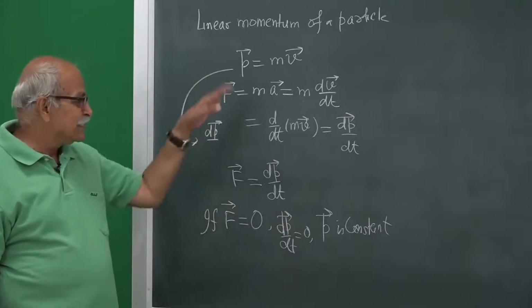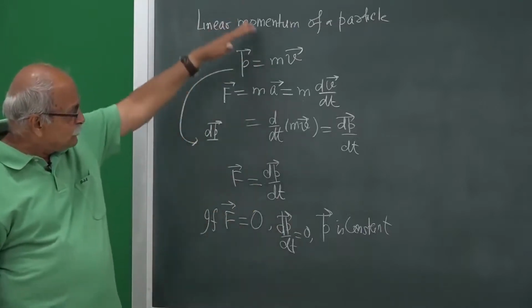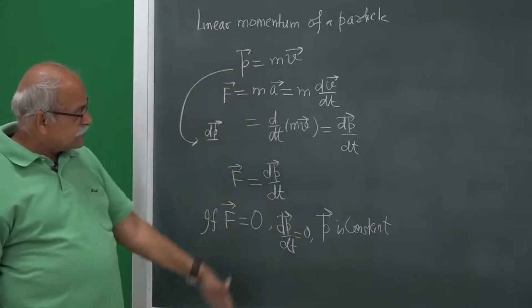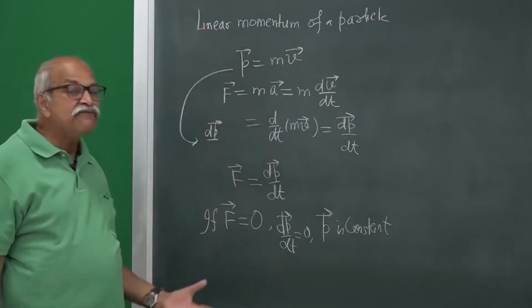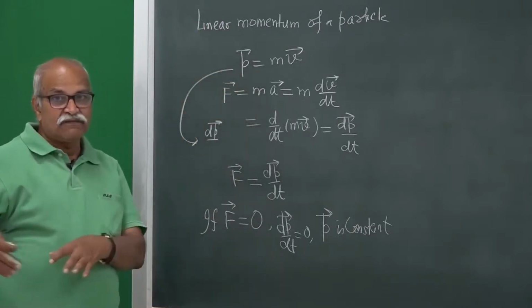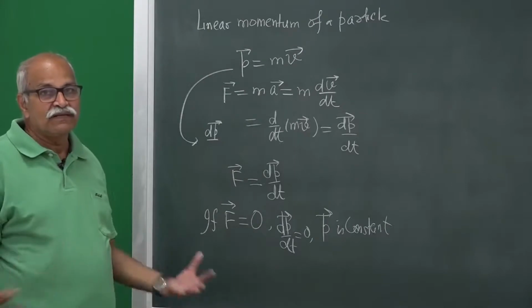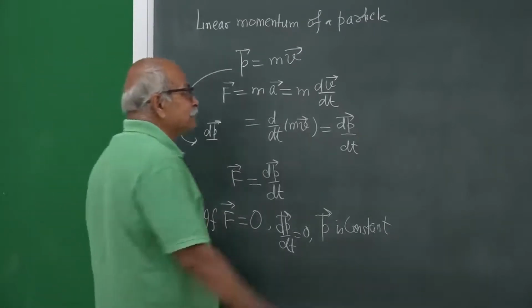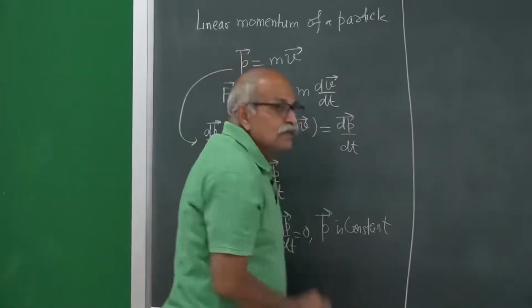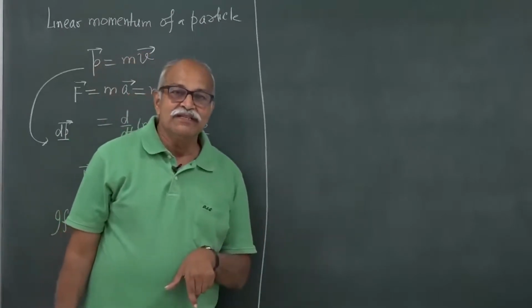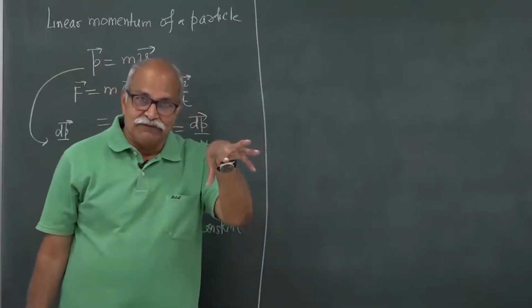So that is about linear momentum, and we will be using this conservation of linear momentum extensively when we talk about systems of particles, collisions of two particles and all those things. The other concept is related to the force itself.